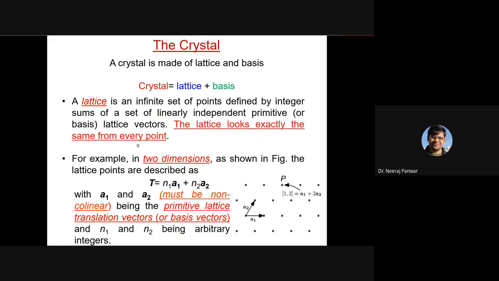For example, we want to measure the resistivity of only a particular crystal, for example copper. But if it is not pure, if it has some other impurity atoms, then we not only measure the conductivity or resistivity of copper, we also measure the conductivity of those other elements, which would be reflected in that. So we are not in the true sense measuring the resistivity of copper. So that is one property.